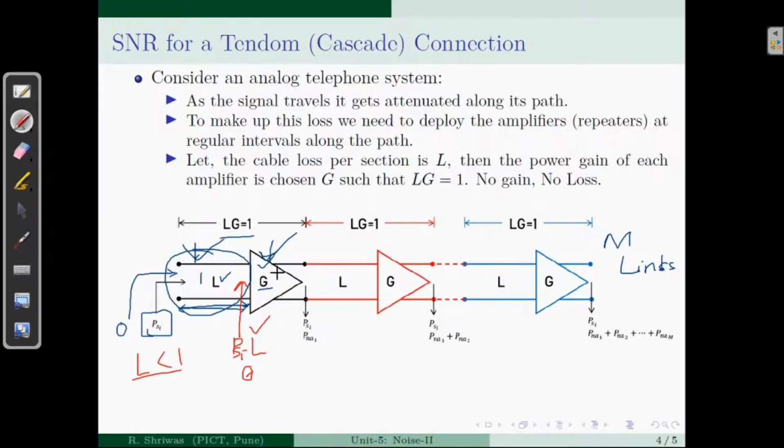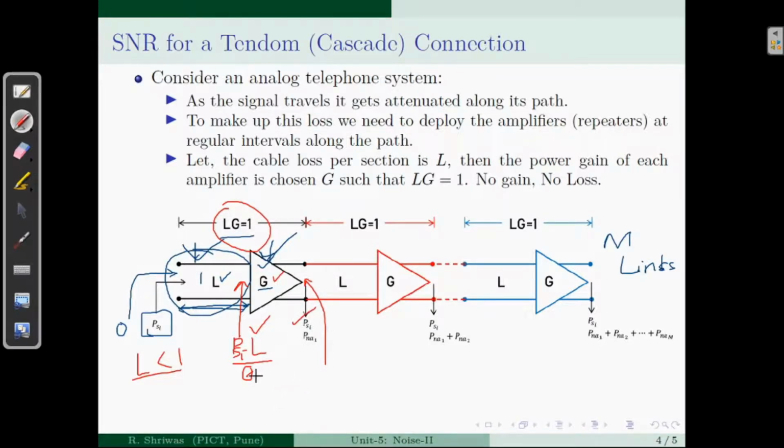So we have to use an amplifier so that we can boost this power. There is an amplifier which we deploy, or we call it a repeater, whose gain is G, and we choose G such that L into G is equal to 1. So after this amplifier, or after each link, the signal power now becomes PSI times L times G, and since L times G is equal to 1, we get signal power as PSI.